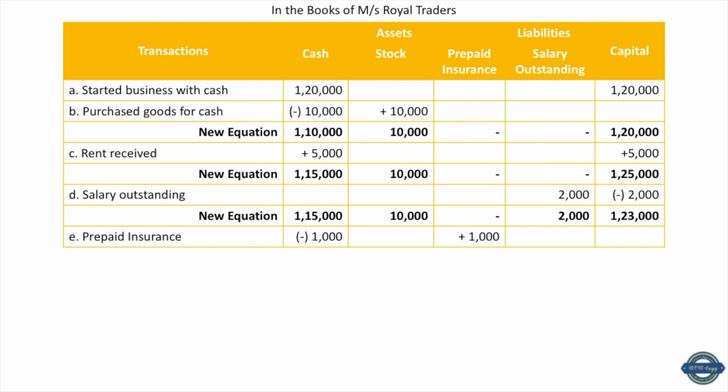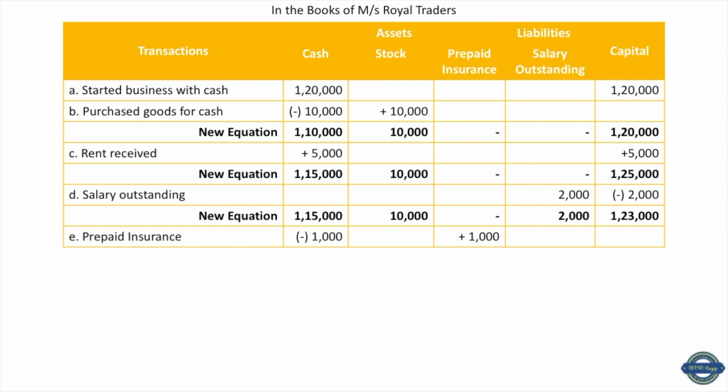Since this is not an expense for this accounting period, there will be no effect in the capital. All the profits, all the gains, all the income, all the expenses of this accounting period shall be affected in the capital column. However, this expense is not of this accounting period.